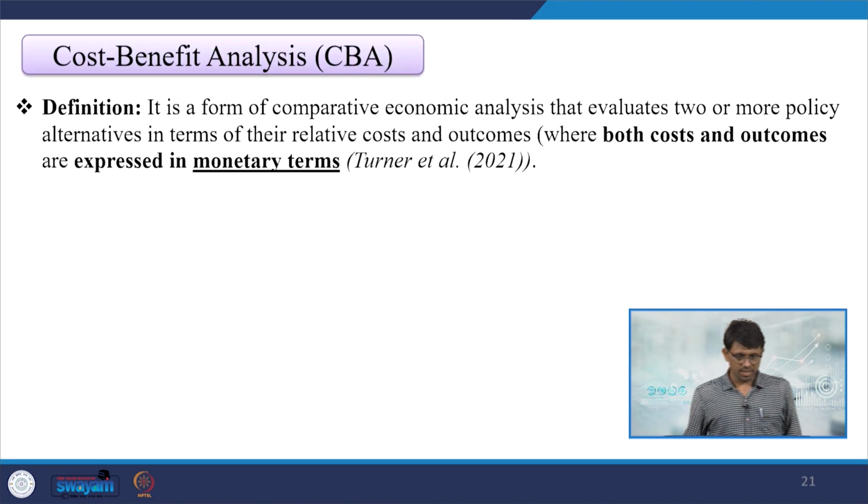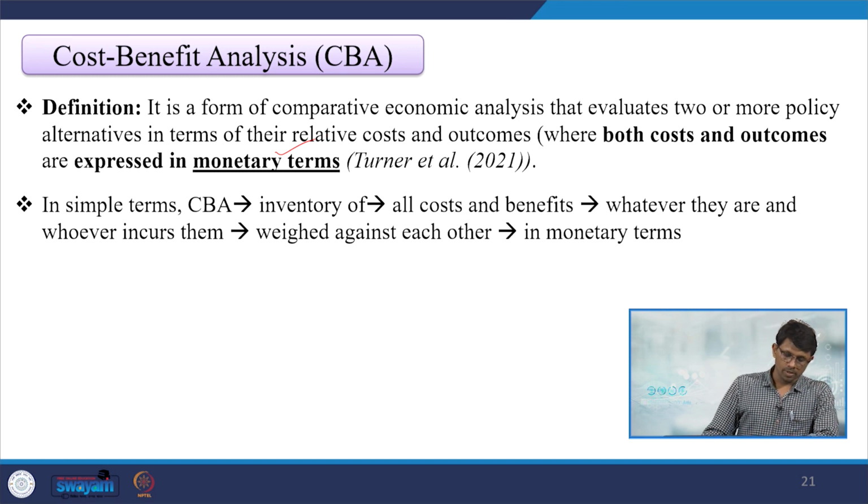So, this is a form of comparative economic analysis that evaluates two or more alternatives in terms of their relative cost and outcomes, where both cost and outcomes are expressed in monetary terms, as highlighted and mentioned in Turner et al.